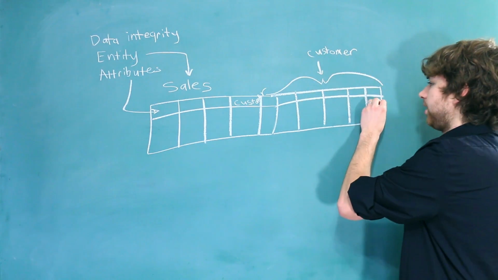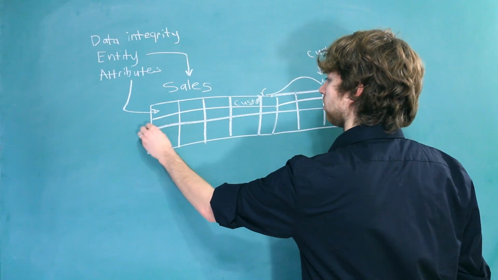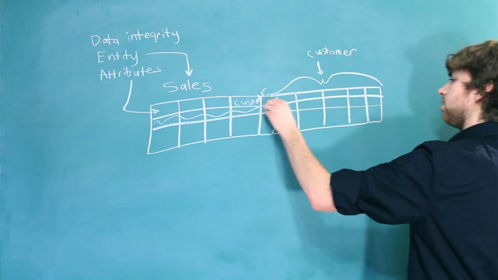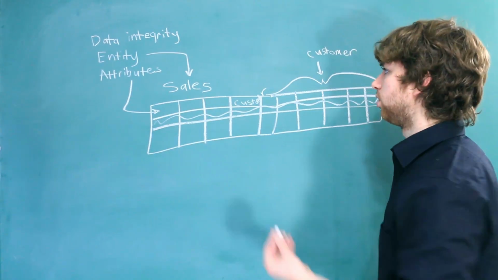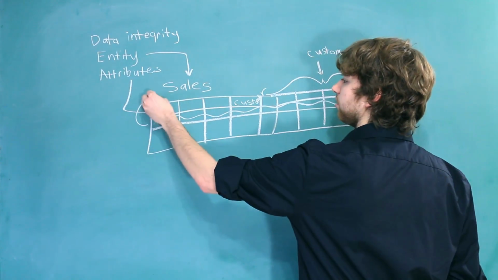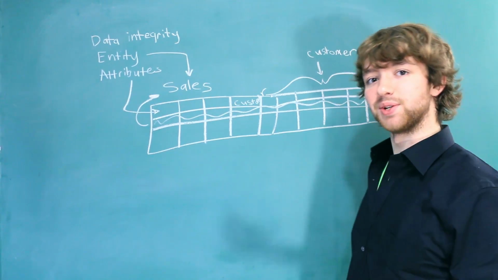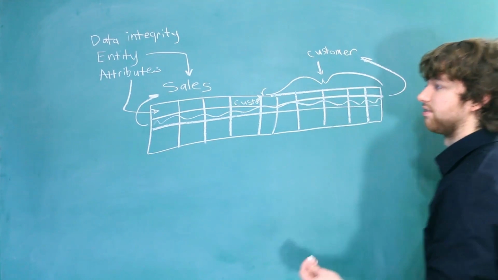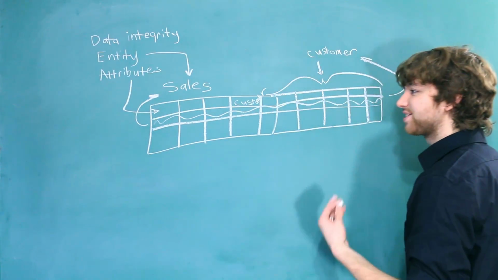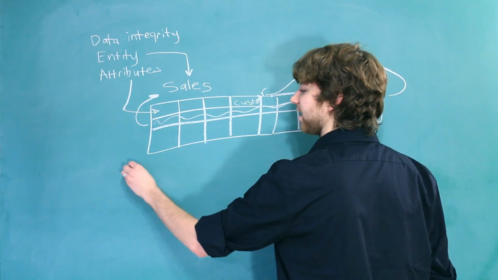Now, when you grab an individual row and you take all of this data, how are you supposed to know what is describing the sale and what's describing the customer? See what I'm saying now? This is going to sacrifice our data integrity.